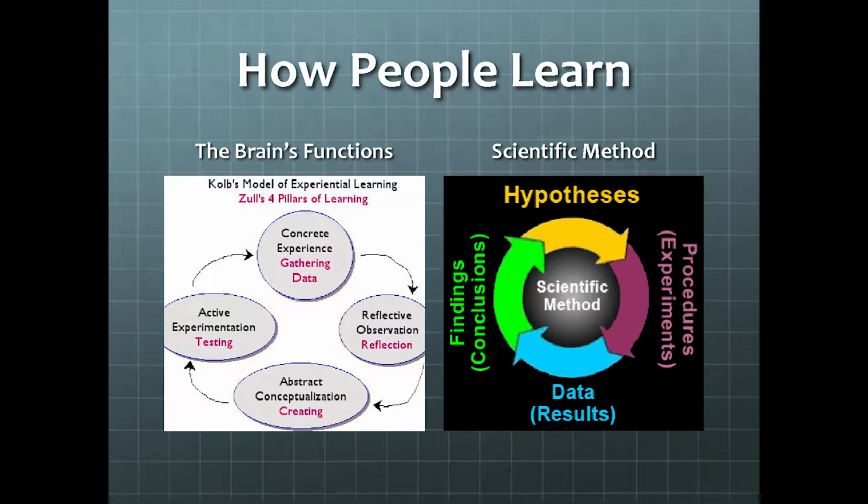That looks a lot like the scientific method: forming hypotheses, doing experimentation, getting data and results, and then concluding and publishing. So there is a cycle that's involved in all those approaches to learning. And it's important for us to acknowledge that and to say that there has got to be this sort of curricular piece that's reflected in our PBL design.